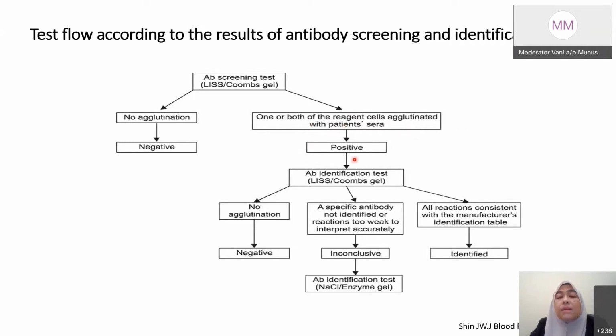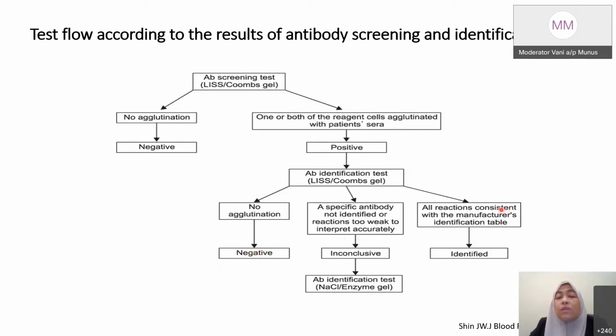it means that this patient may have an antibody on the red cell. So we must proceed to antibody identification in order to know what the antibody is for this patient. If we perform the antibody identification and the result shows no agglutination, it confirms that no antibody is detected on her or his cell.